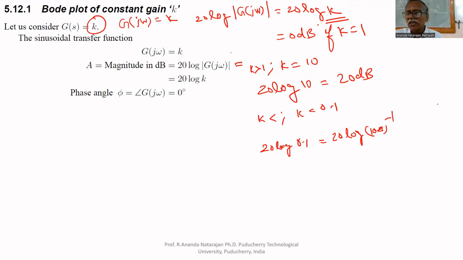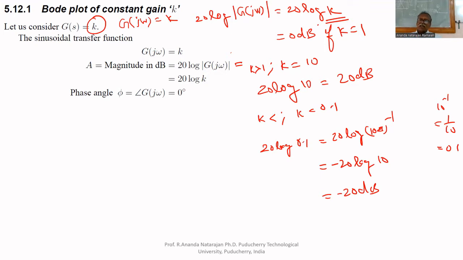So if you write like that, you will get minus 20 log 10, that is equal to minus 20 dB. If k is 0.1, you will get minus 20 dB.